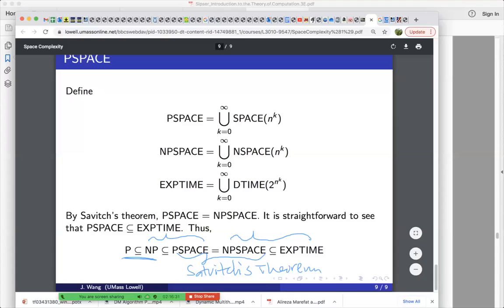And hence PSPACE is equal to NPSPACE. That is a theorem that we don't have for deterministic time versus non-deterministic time. We don't have it yet, so we don't know what it's going to be.